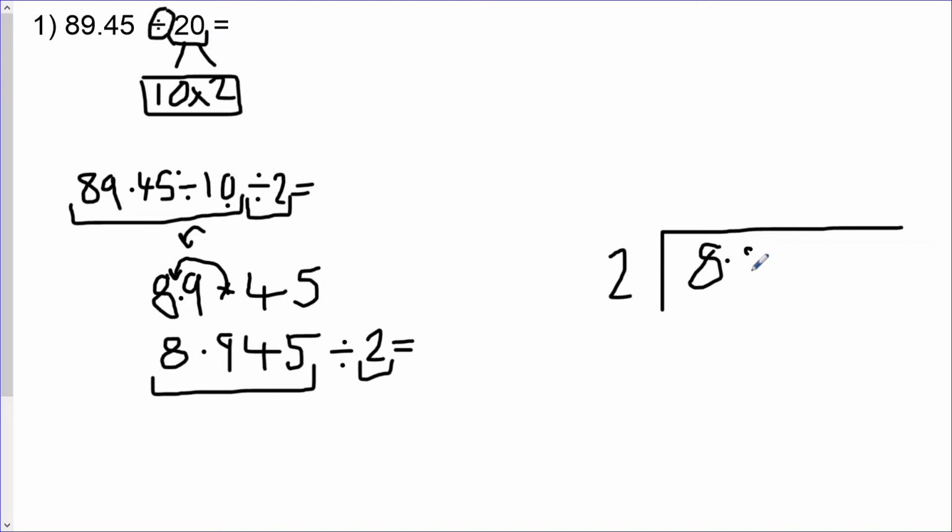We can see now that if we imagine that this was a bus stop on the road, at the side of the road, then the number 8.945 is inside the bus stop, keeping dry, keeping safe from the rain, and the number 2 is outside of the bus stop, getting wet. And this is why I was saying inside, out is very, very important to remember here, so we don't get our numbers mixed up.